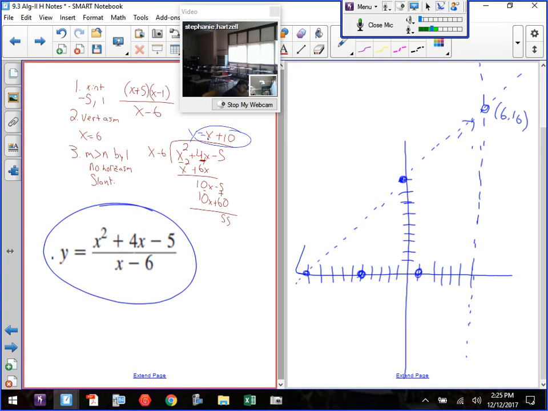In that problem, what's your y-intercept? If you have a y-intercept, what's your value for x? 0. So if I put 0 in for that, I get 0 squared plus 4 times 0 minus 5, divided by 0 minus 6.